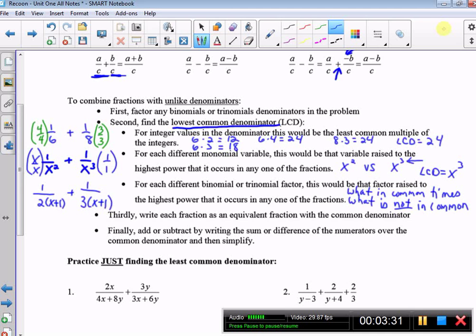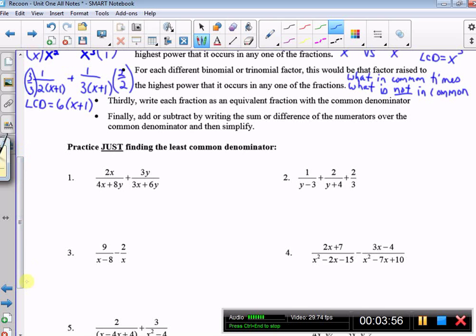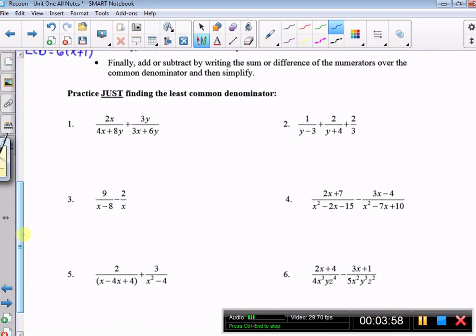Well, they have x plus 1 in common, but they do not have the 2 and 3 in common. So this side needs to be multiplied by 2 over 2 and this side by 3 over 3. So in this instance, the LCD is what they have in common times what they do not have in common, which is 6 times x plus 1. Okay, so to practice finding the LCD, let's take a look at the problems below.